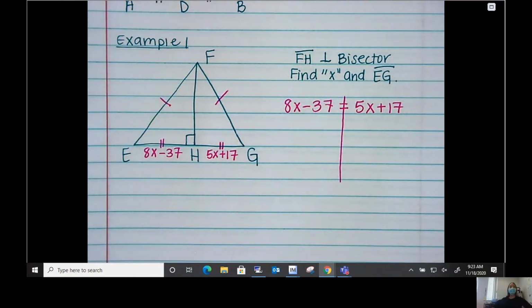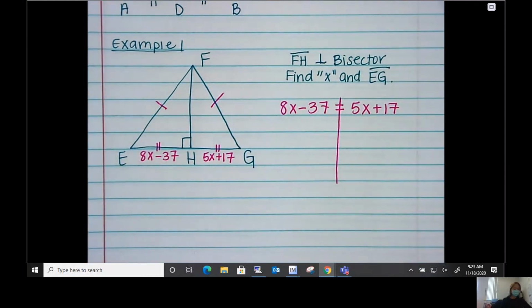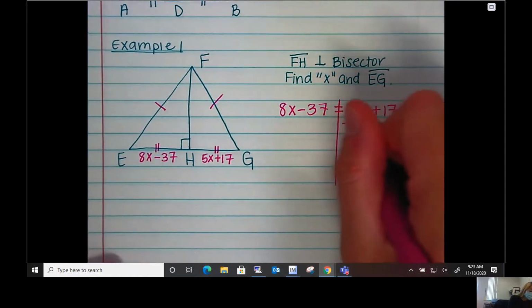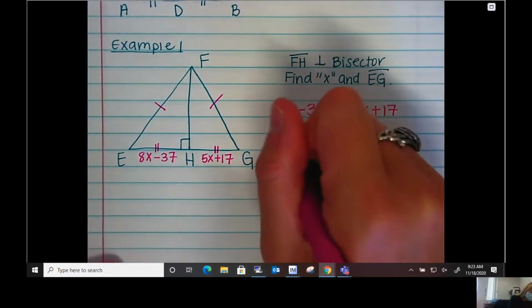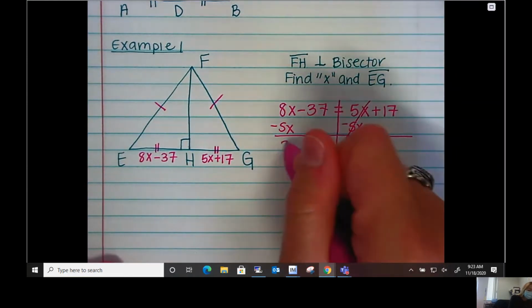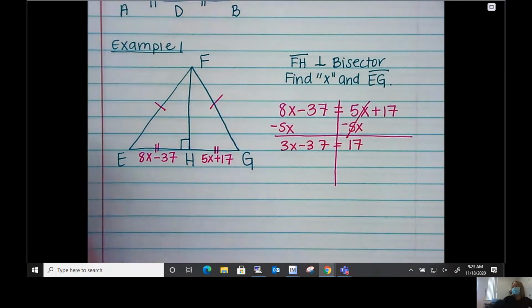All right, so the first thing you should have done was what? The first thing? What's the first thing you should have done? Minus your 5x on both sides. You get 3x minus 37 equals 17. What would have been your next step?